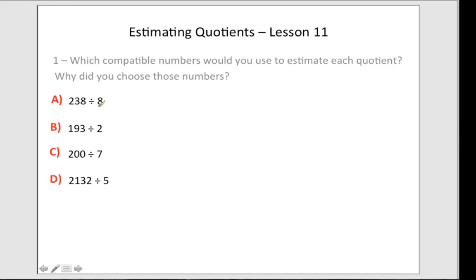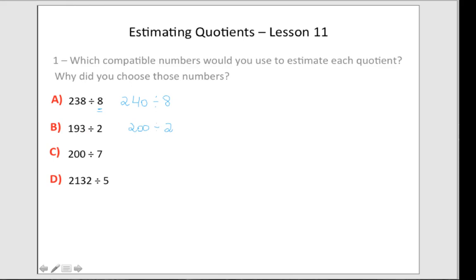So here, guys, to divide by 8, instead of 238, I will use 240. Okay, I would use this because I know that this is a compatible number for me. Letter B, instead of using 193, I would use 200.